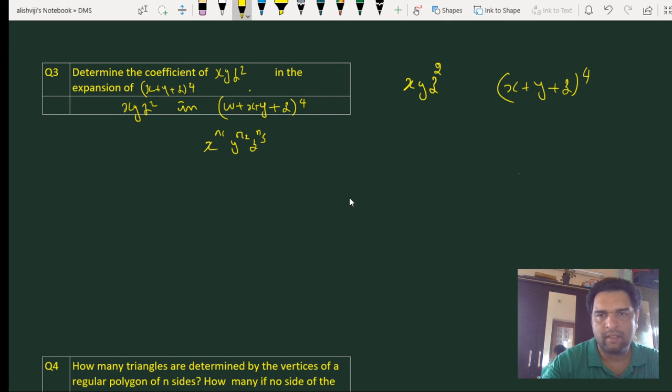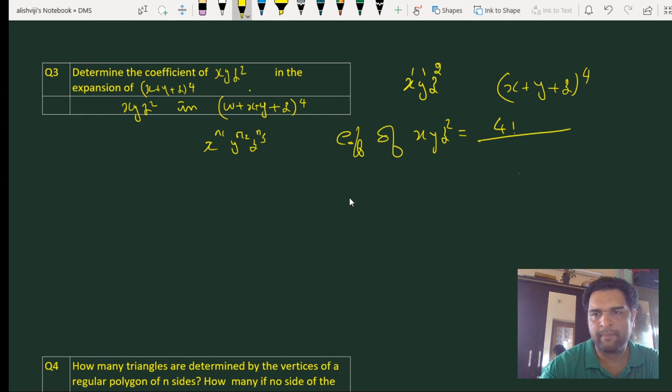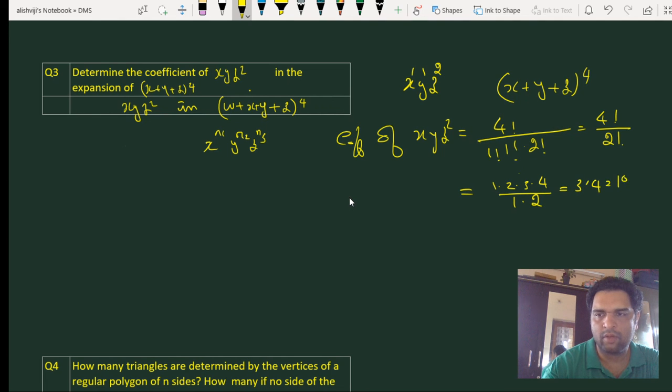So here it is x raised to 1, y raised to 1, z raised to 2, and the coefficient of x y z squared is equal to, here we have n equal to 4, so 4 factorial divided by 1 factorial into 1 factorial into 2 factorial, which is 4 factorial divided by 2 factorial, which is 1 into 2 into 3 into 4 divided by 1 into 2, which is 3 into 4, equal to 12.